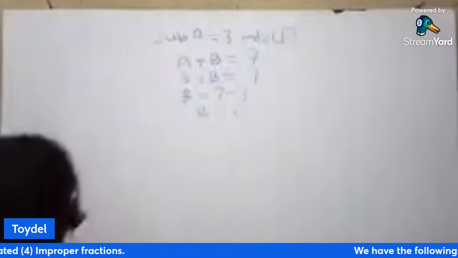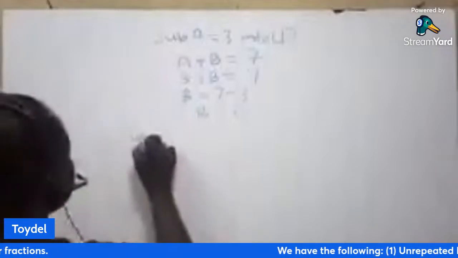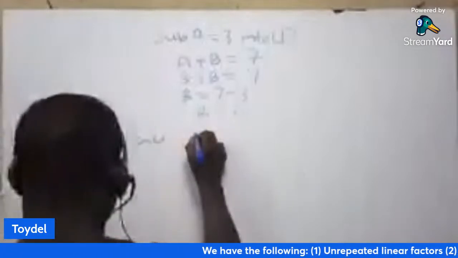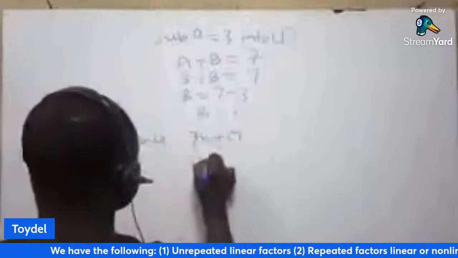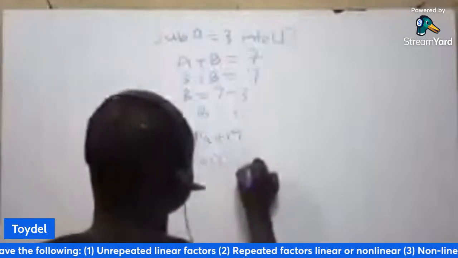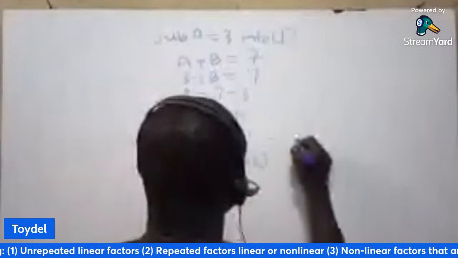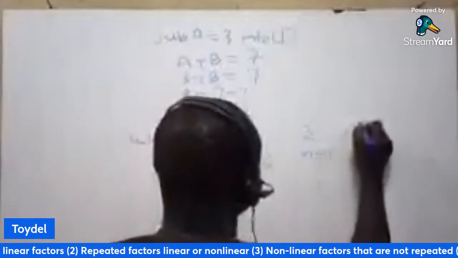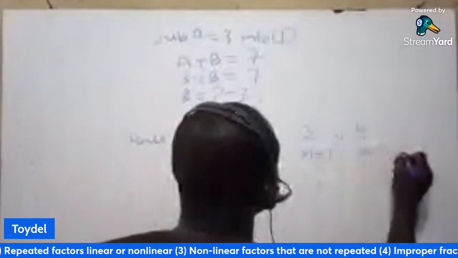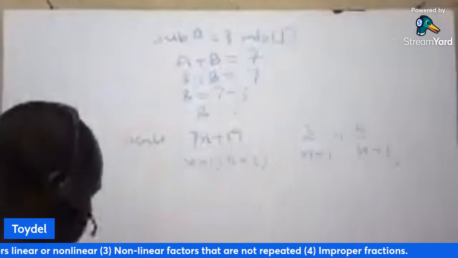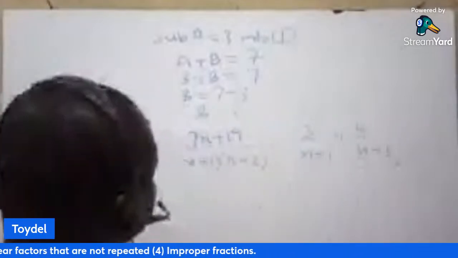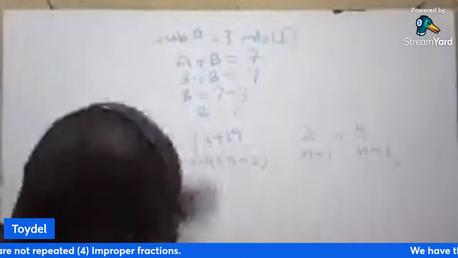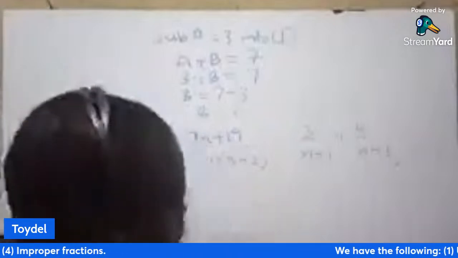So hence 7x plus 19 all over x minus 1 into bracket x plus 5 is equal to 3 all over x plus 1 plus 4 all over x plus 5. So from what we have done now, we have been able to realize that whenever we want to resolve any form of partial fraction, there are two methods involved.